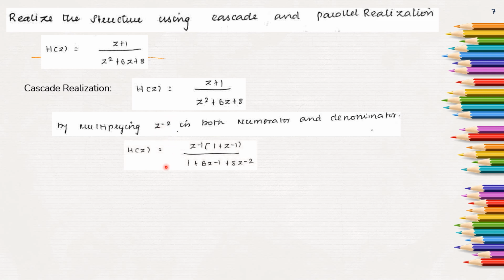Now when I multiply the numerator and denominator by z power minus 2, what answer do I get?